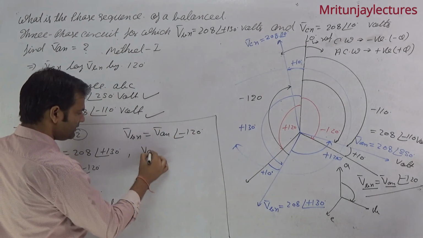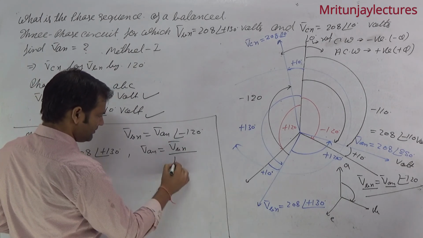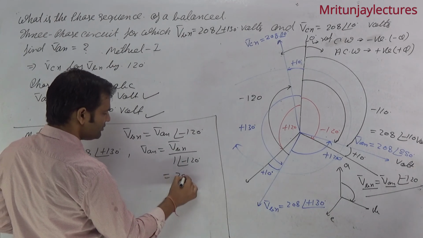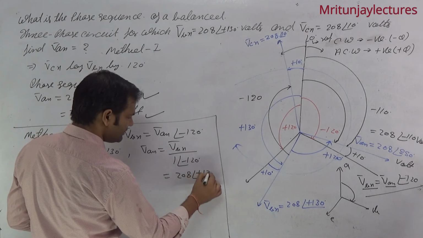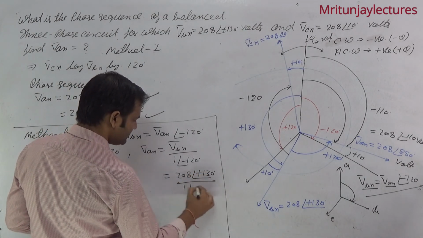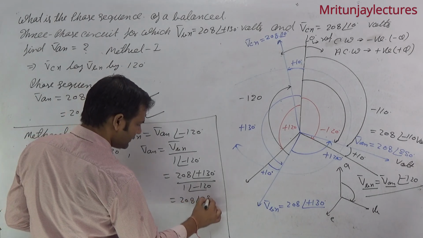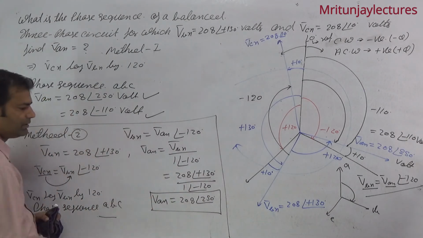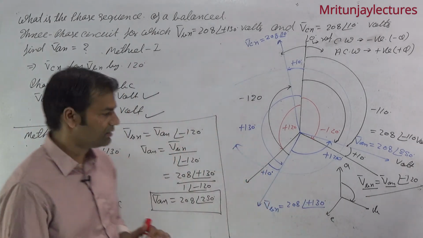So VAN is written as VBN divided by the angle minus 120. VBN is 208 at the angle 130, so finally it is 208 at the angle 250. Clear? With the help of the phasor, you can also determine VAN.